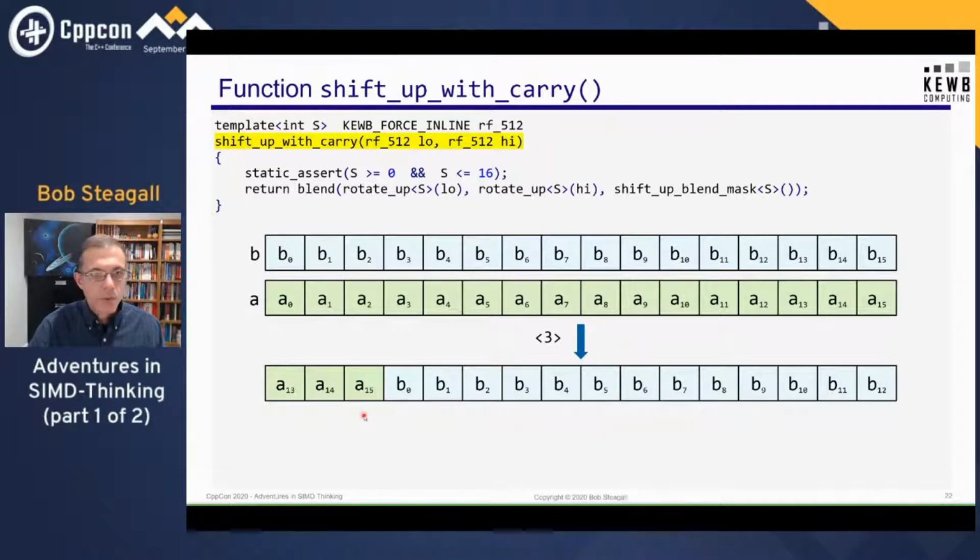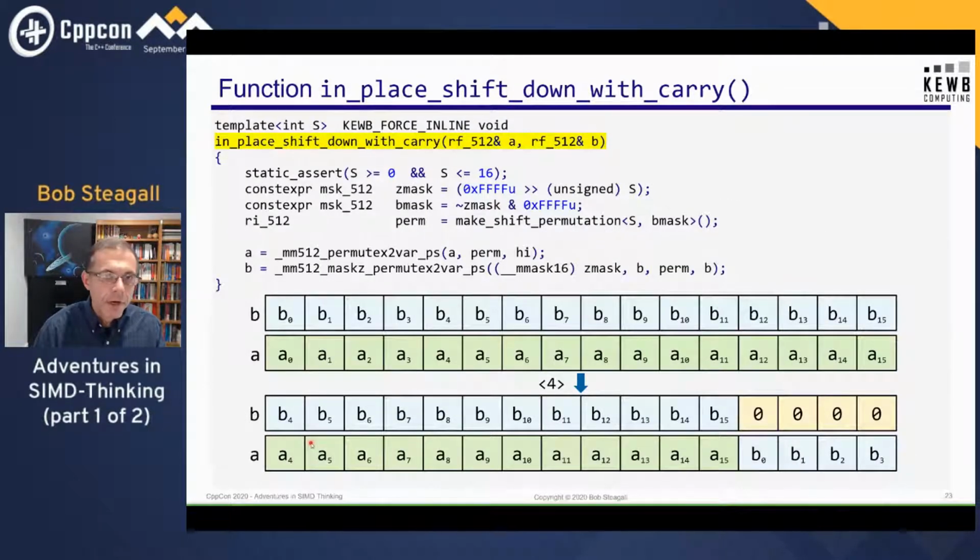So again, it's a way of thinking of these two registers as if they're contiguous. When I shift up, I'm shifting stuff to the right towards the upper register, and whatever would be the value in that upper register is the result after the shift. And the converse for shift down with carry.